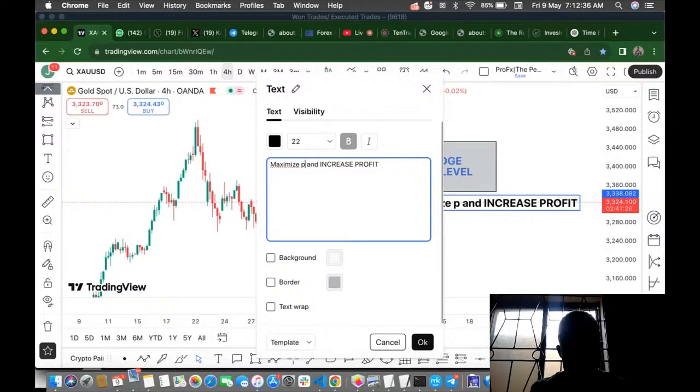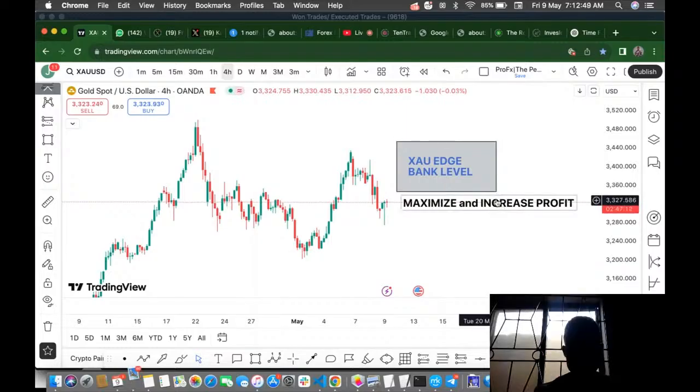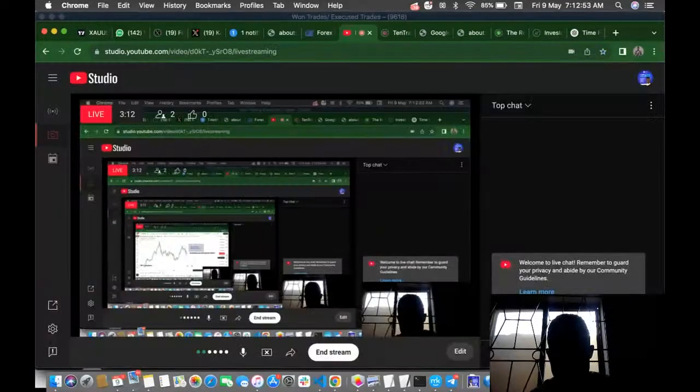This is an edge. Bank level will help maximize profit and increase win rates very quickly.